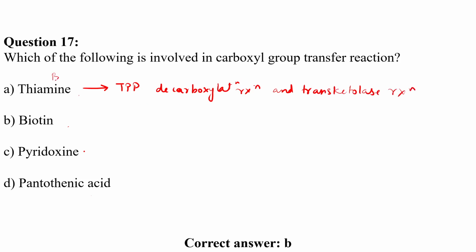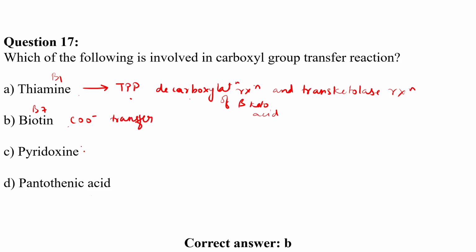Thiamine, that is vitamin B1, active form is TPP, role is decarboxylation of beta keto acids and transketolase reaction. We have biotin here, that is vitamin B7. Biotin does carboxyl group transfer reaction. It transfers the carboxyl group from one molecule to another.